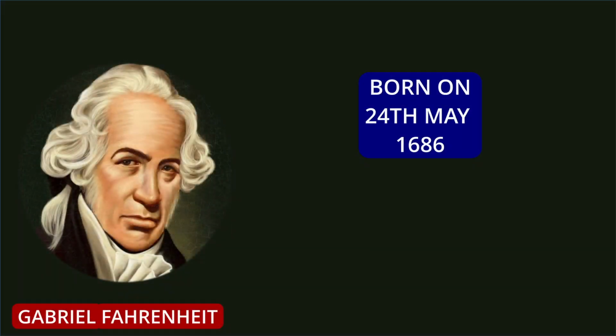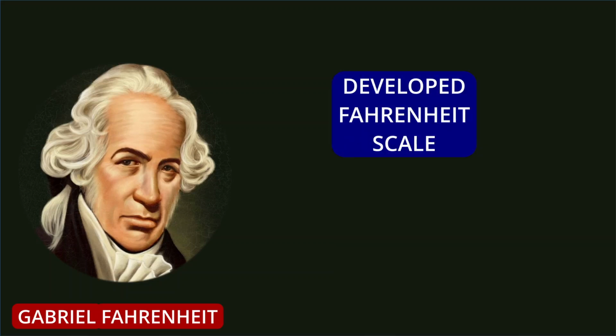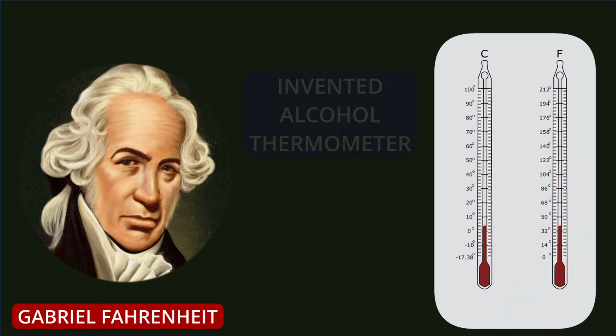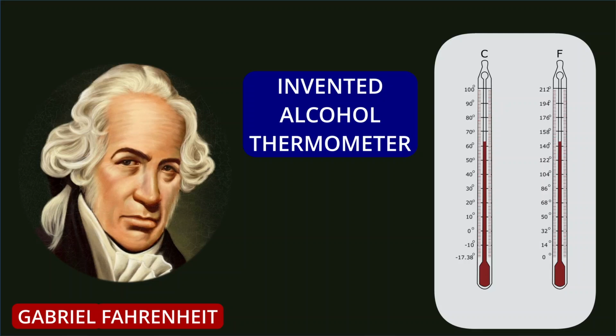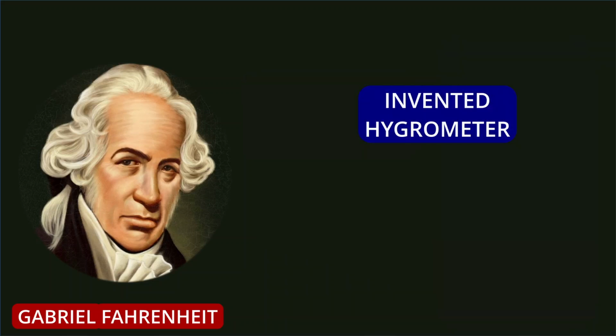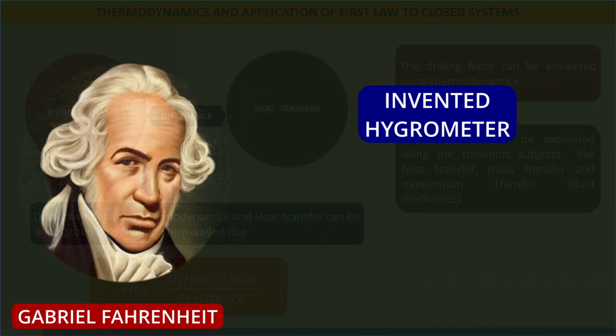Today, in the year 1686, Gabriel Fahrenheit was born, and Gabriel Fahrenheit is responsible for developing the Fahrenheit scale. He also invented the alcohol thermometer as well as the mercury thermometer. He also contributed by inventing the humidity meter, that is hygrometer, as we call it.